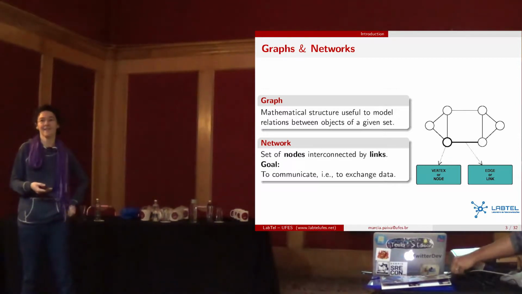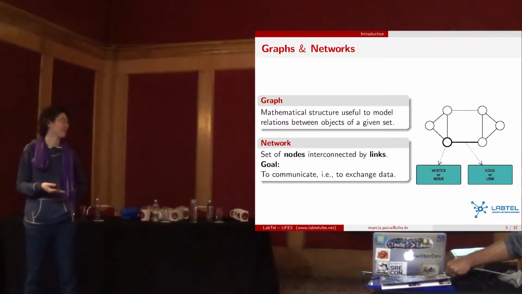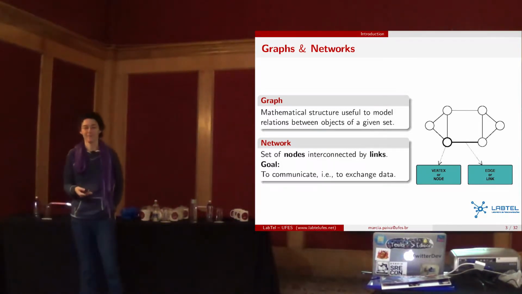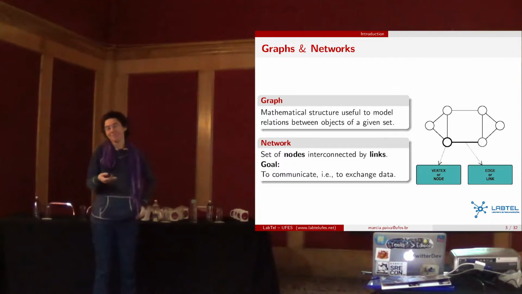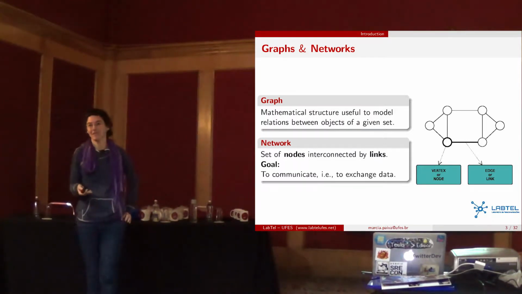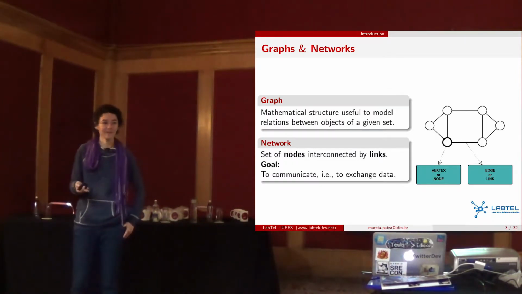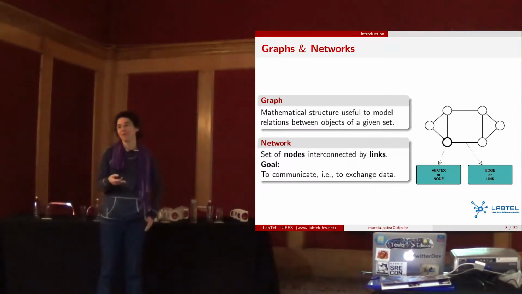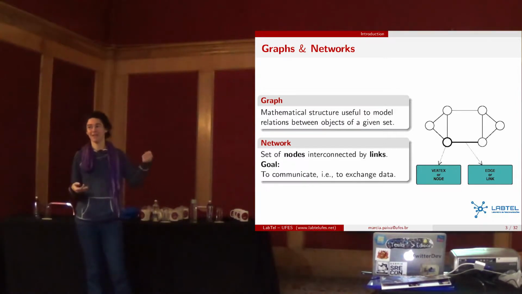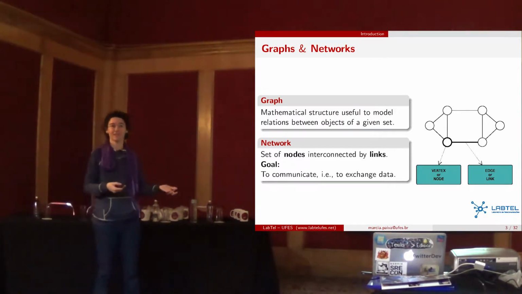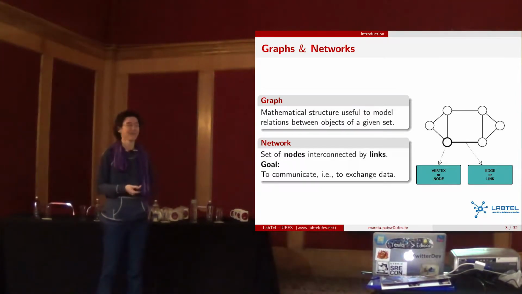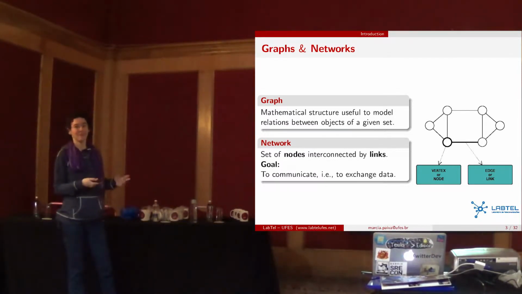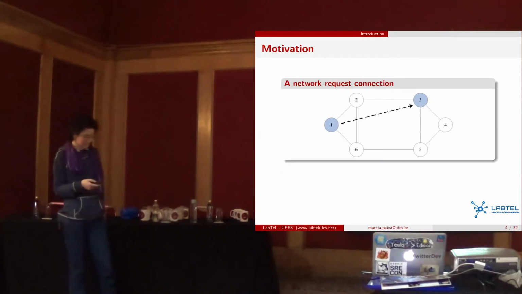In this case, that relation is, for instance, a fiber optic cable or any kind of link, even a wireless link. But the point is that if you are able to communicate between two nodes, then we add a link. If you cannot reach these nodes, we do not add a link. So this is our basic plan.